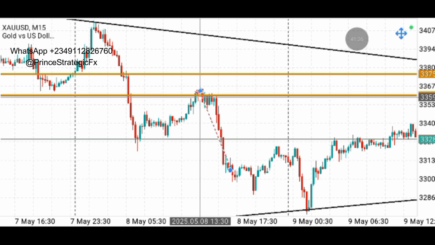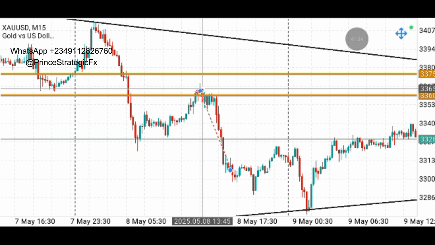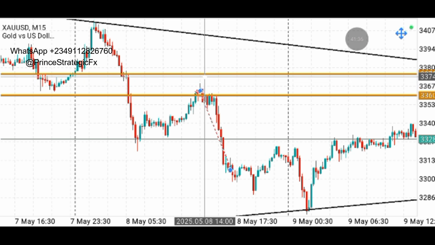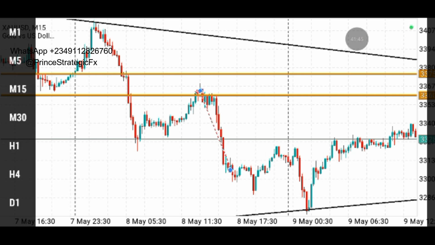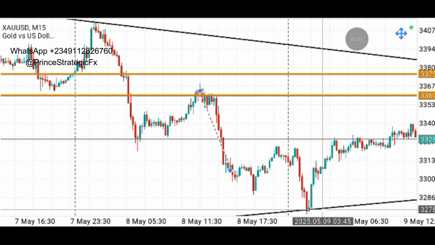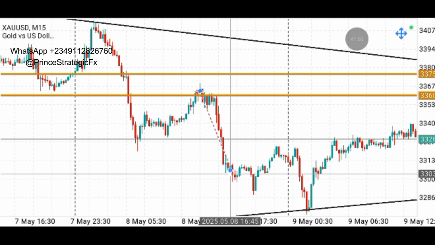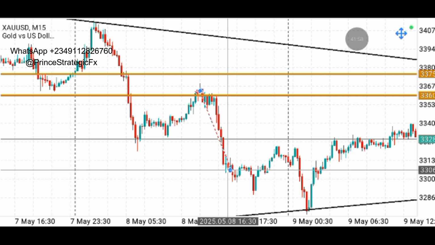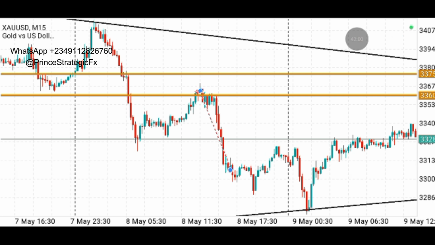I entered again, but this time around I entered with a bigger lot size. Then I placed my stop loss at the top, very close to this other horizontal line. Then before you know it, I saw this huge drop. I was supposed to hold this market till it got to this H4 trend line, but I decided to take my profit here, and it was still worth it.